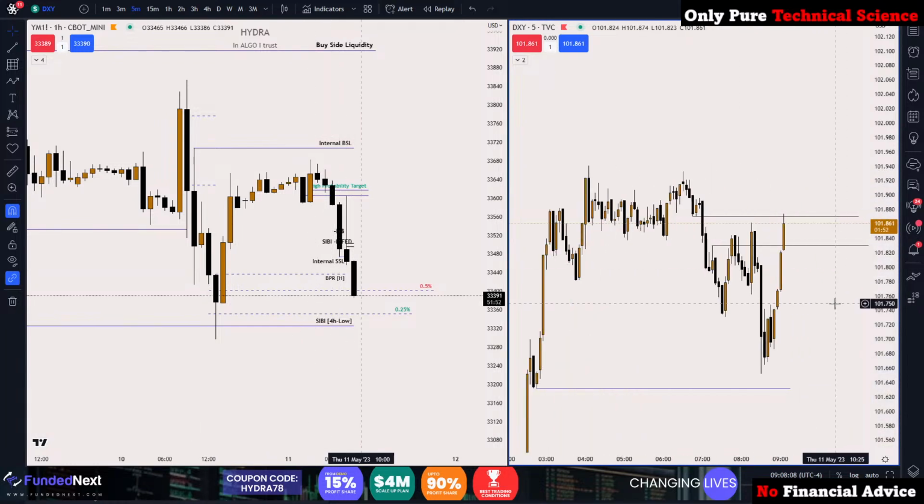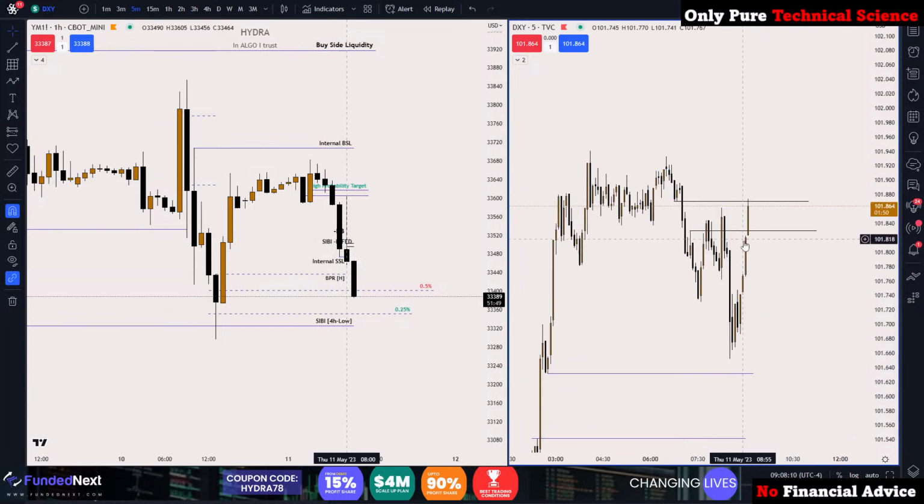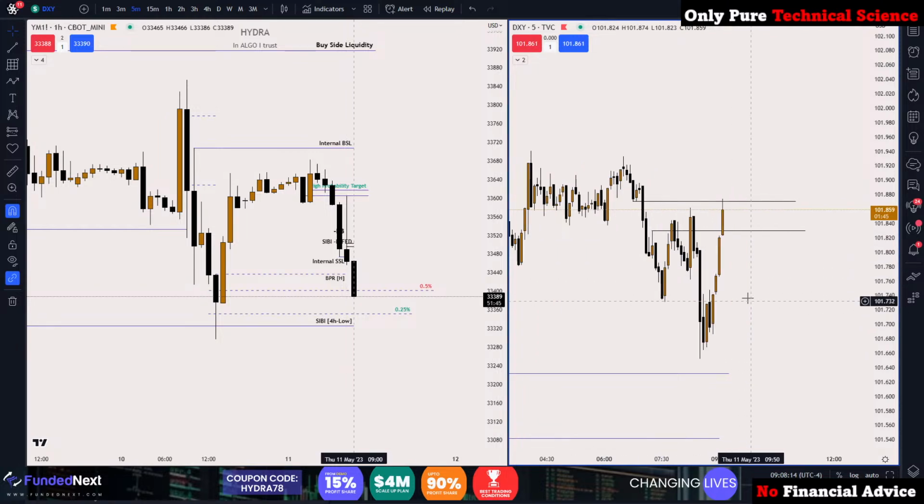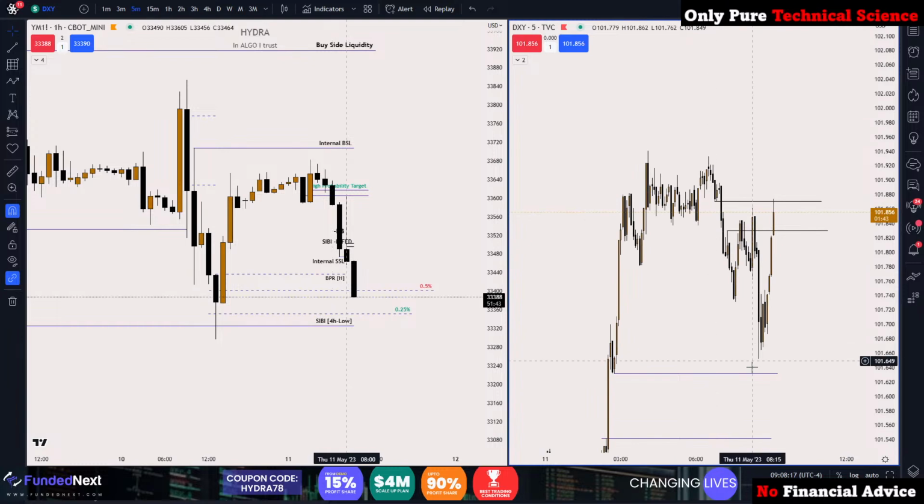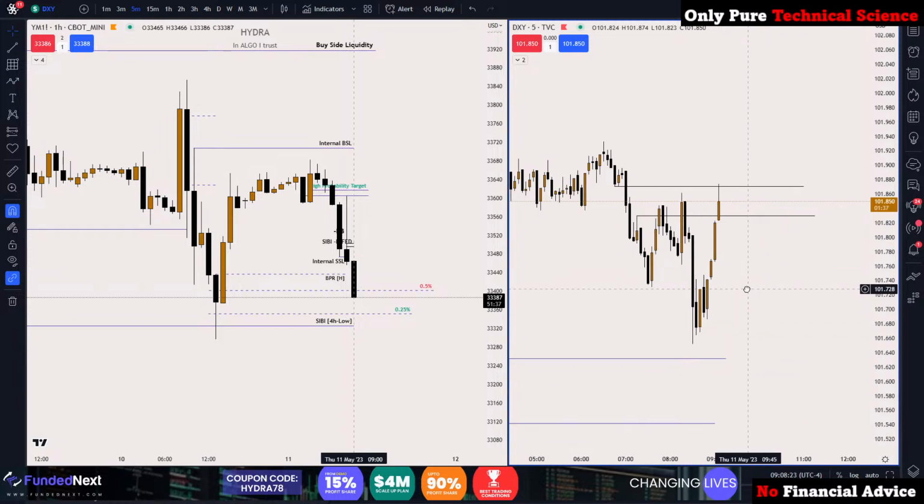So a possible zone for dollar to reverse is this fair value gap, and I do see a lot of unfilled fair value gap, not relative equal lows, and then relative equal lows down here, somewhere around 101,664. So we can target there. I'm expecting to see Dow providing buy side liquidity.